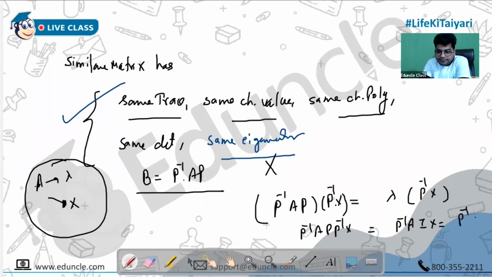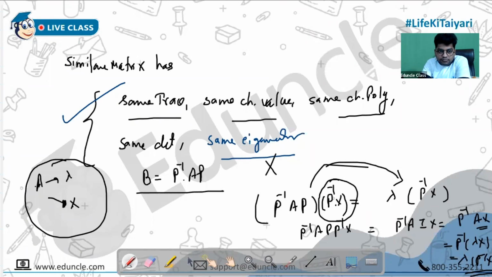So P inverse Ax, and Ax equal to lambda x. So P inverse lambda x. So finally, lambda times P inverse x. So is it clear? The eigenvector of that is P inverse x.